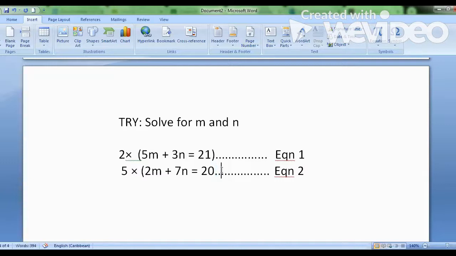And then another bracket, and then I think 2 times 5 is 10m plus 2 times 3 is 6n equal 2 times 21, 42.